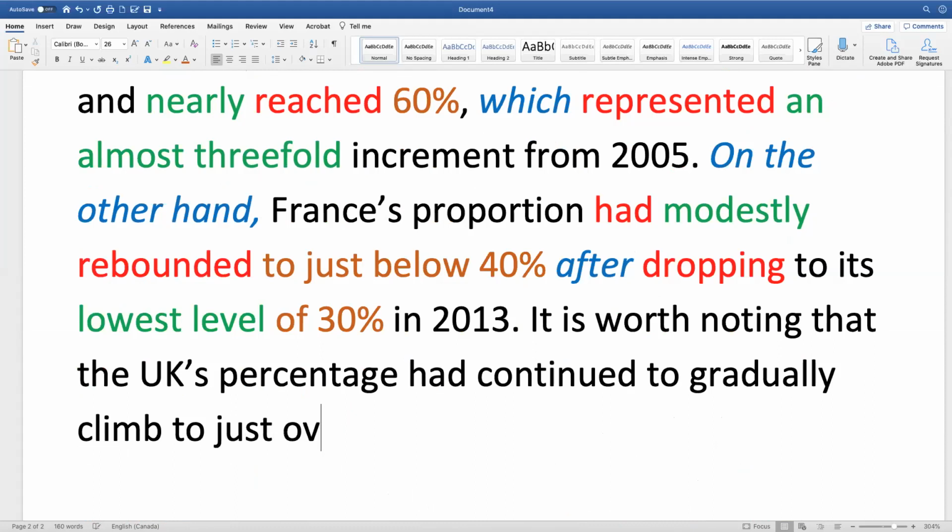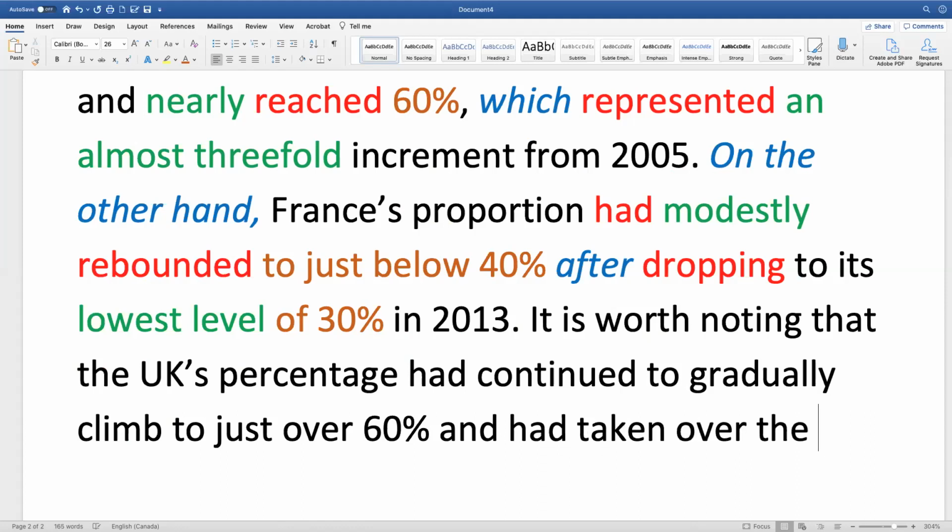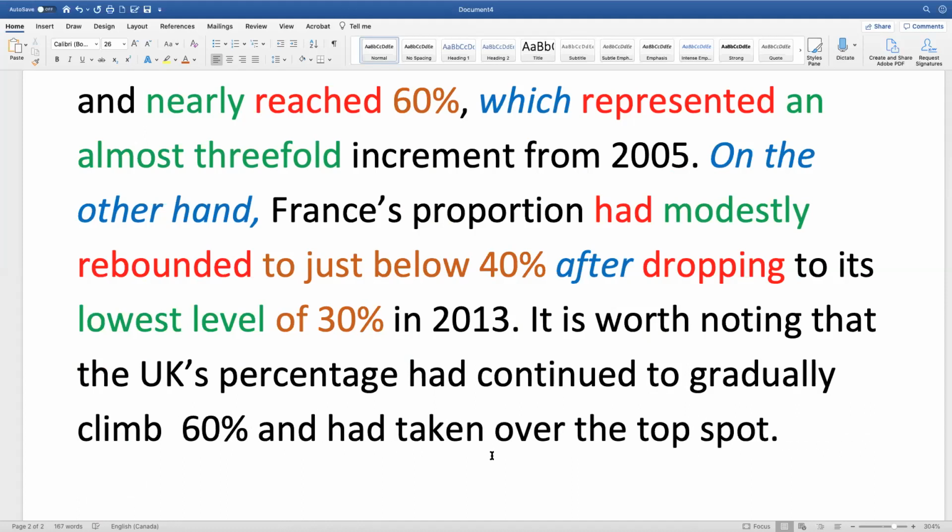To just over 60%. And become the top. So you're not going to say a steeper curve between 2009 and 2010?